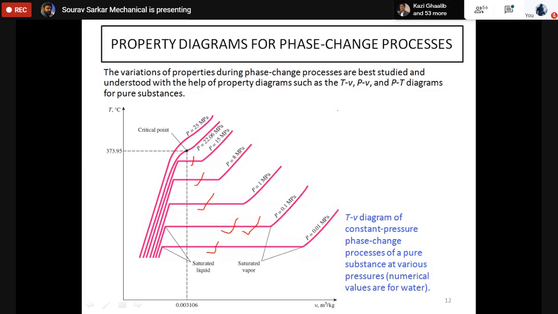Everywhere here is the compressed liquid. After that you start to heat it, and it converts into saturated liquid. The corresponding phase change temperature will change according to the pressure, and after that there is a phase change process. During that, the volume will only increase, and after that there is a superheating phase. So saturated vapor will be converted into superheated vapor.